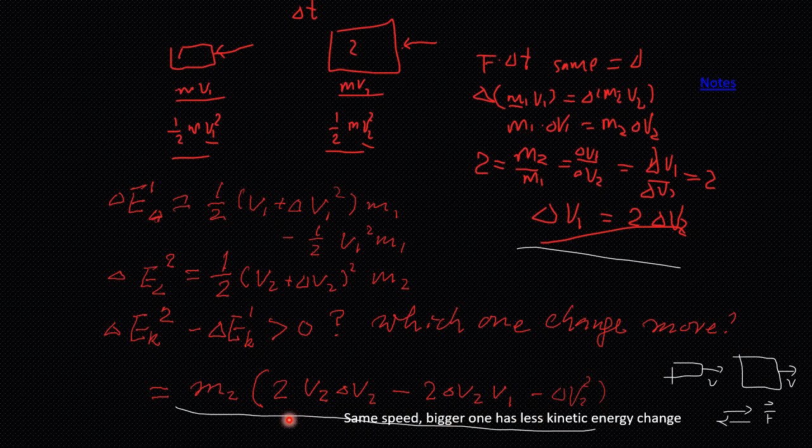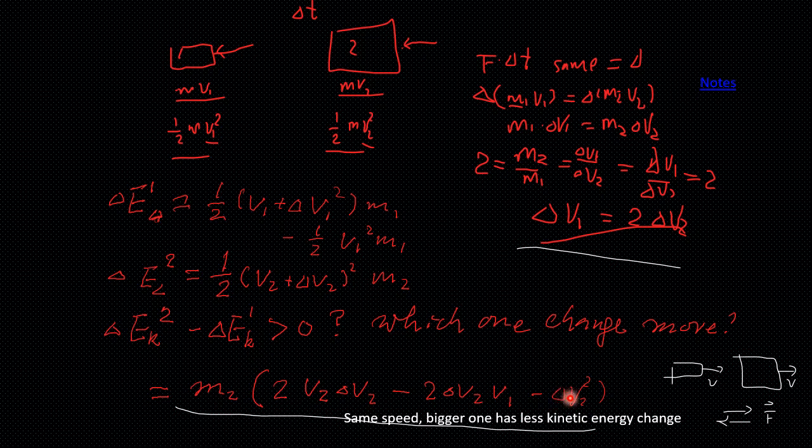It's pretty symmetric. Mass is always positive, then 2 times V2 times delta V1 minus the other term with V1 times delta V2. Realize these two terms are very similar, but one has V1 and the other has V2. And then there's always a negative term, delta V2 squared.